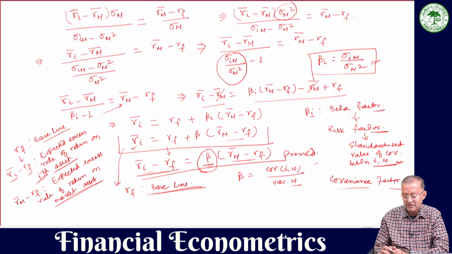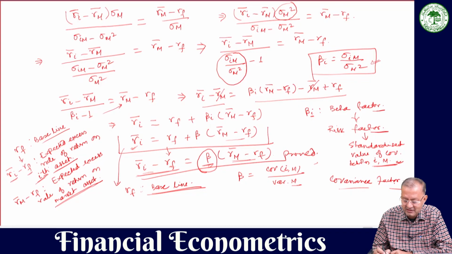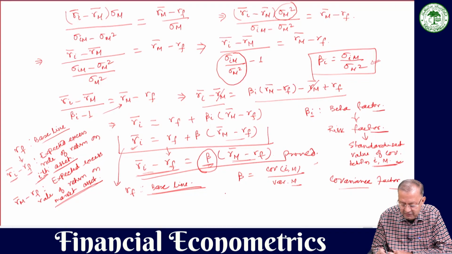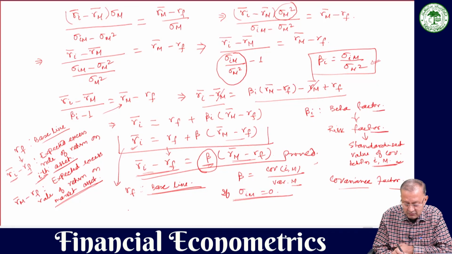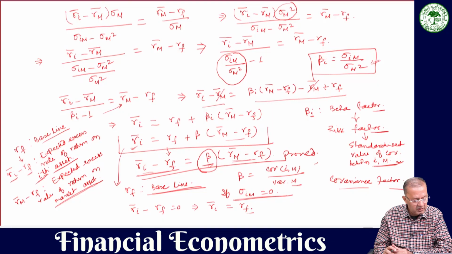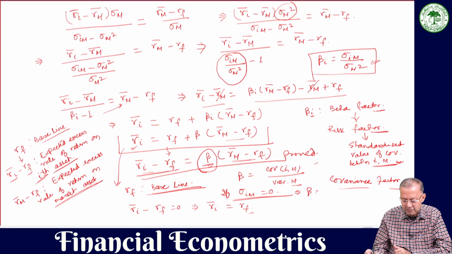Suppose the covariance between the ith asset and the market asset is equal to 0, if sigma im is equal to 0, then in that situation, clear? So if this sigma im is equal to 0, this will lead to the beta also being equal to 0.